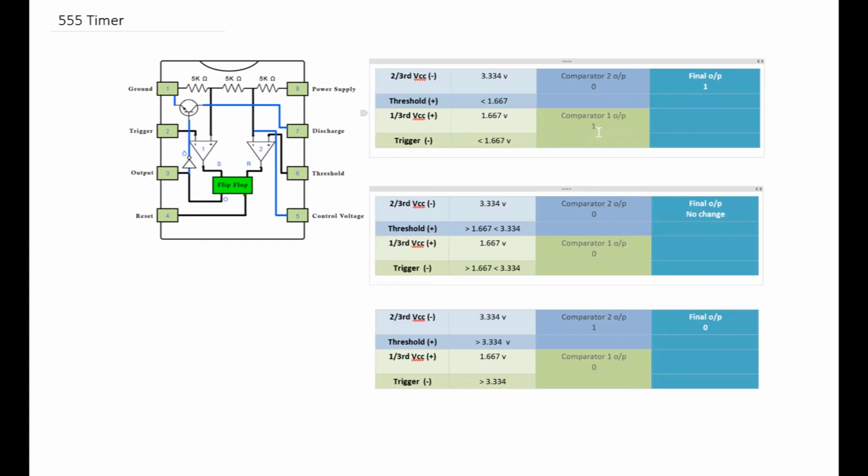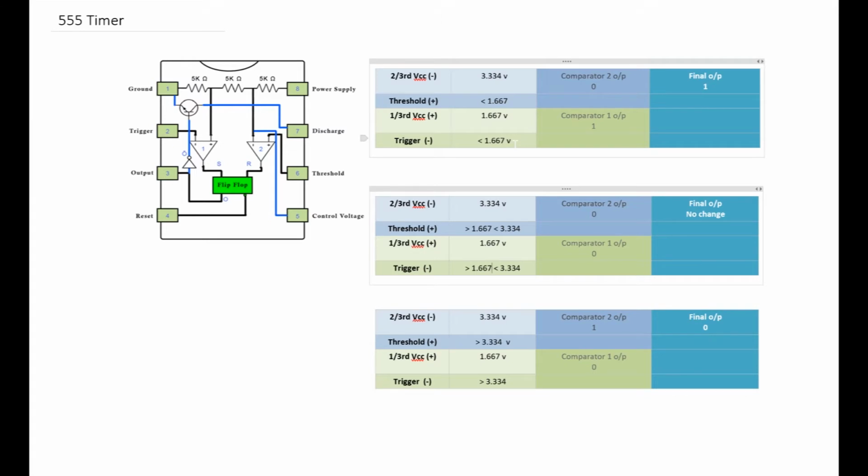So comparator 1 is comparing 1.667 volts on the non-inverting terminal and less than 1.667 volts on the inverting terminal, giving us an output of 1, which is the set of the flip-flop, which causes the output to go to 1. So at this stage, when the capacitor is charging, we're getting a 1 output. This is still when the voltage across the capacitor is less than 1.667 volts.